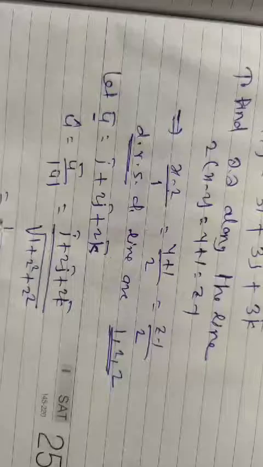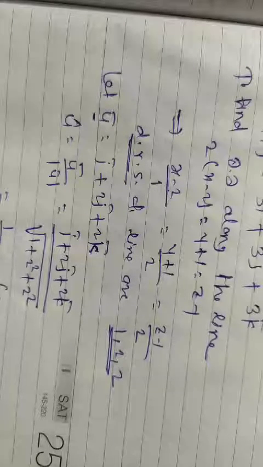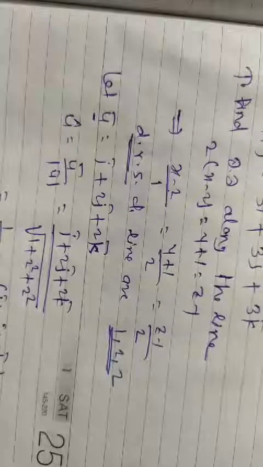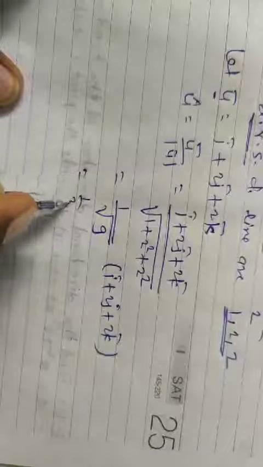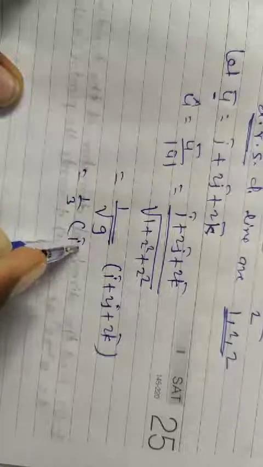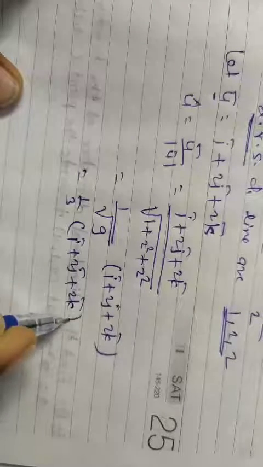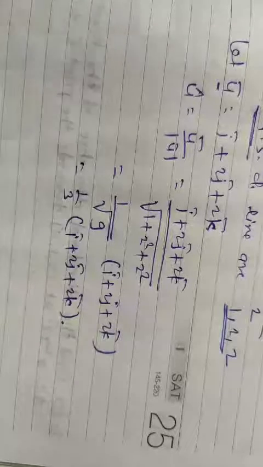So this is 1 upon root 9 into (i + 2j + 2k), and root 9 is 3, so it can be written as 1/3 (i + 2j + 2k). So this is the unit vector.